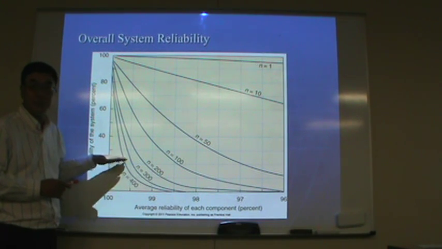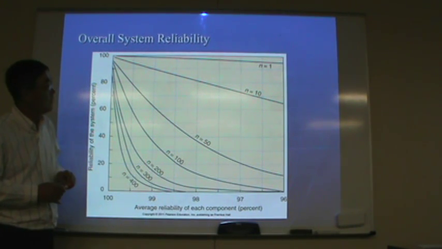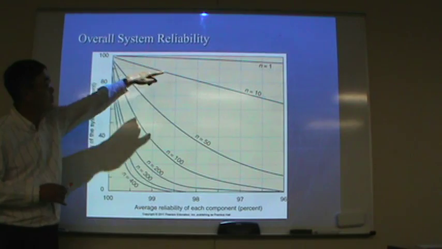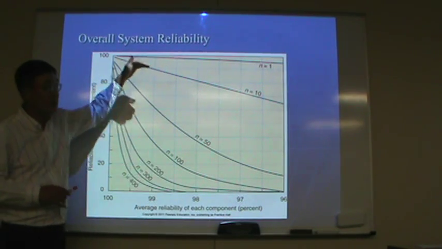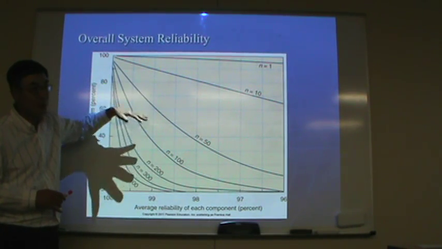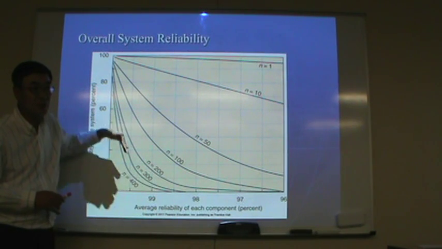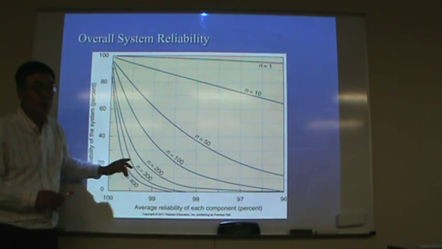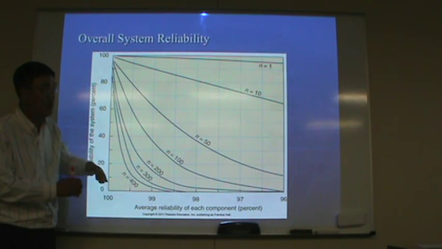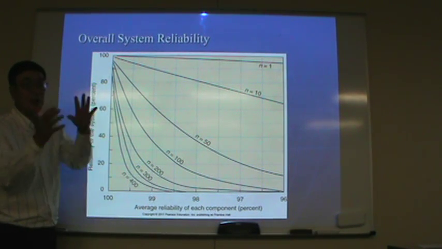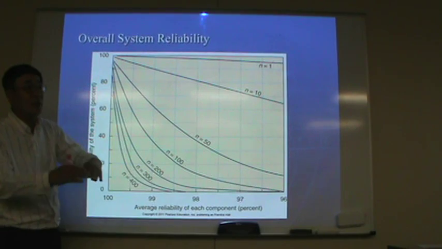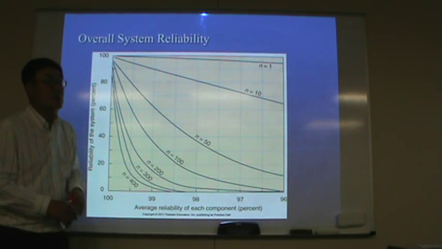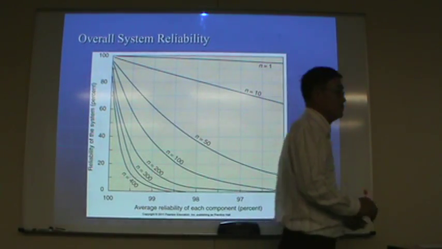With only one, reliability is the same, but with two, more, and so on, then it moves exponentially. If we improve individual reliability, then we improve the system reliability exponentially.